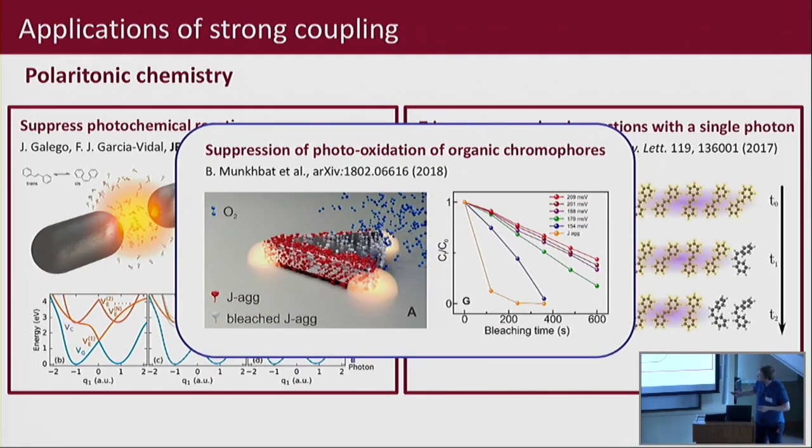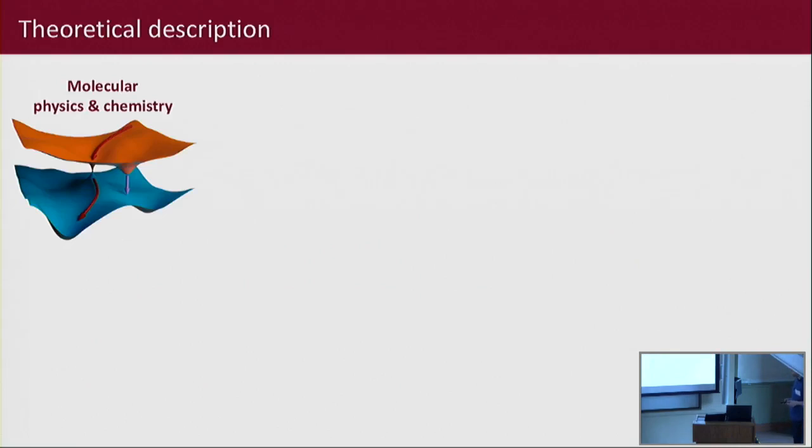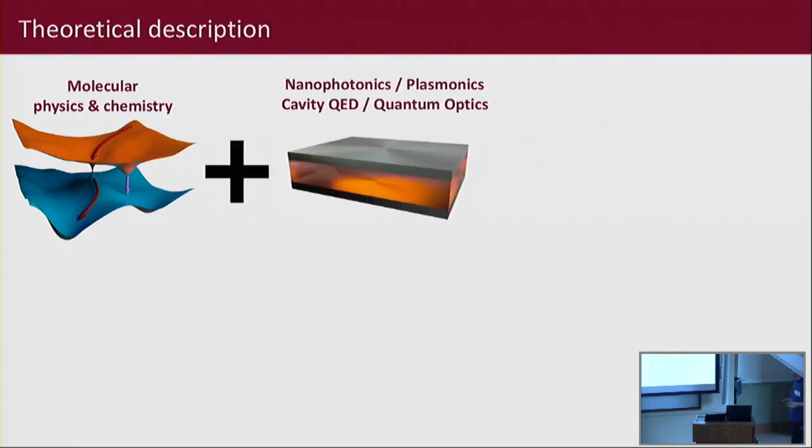And I just want to mention that this suppression of a reaction has been shown very recently in an experiment by the group of Timur Shegai. And they see that basically by putting the molecule into strong coupling, they can strongly suppress, in this case, photooxidation.